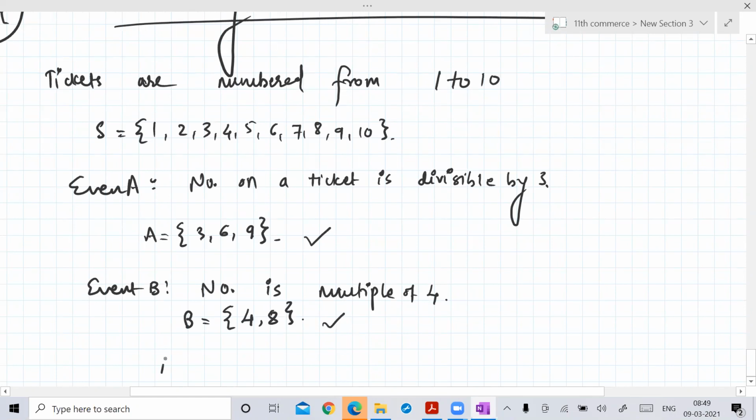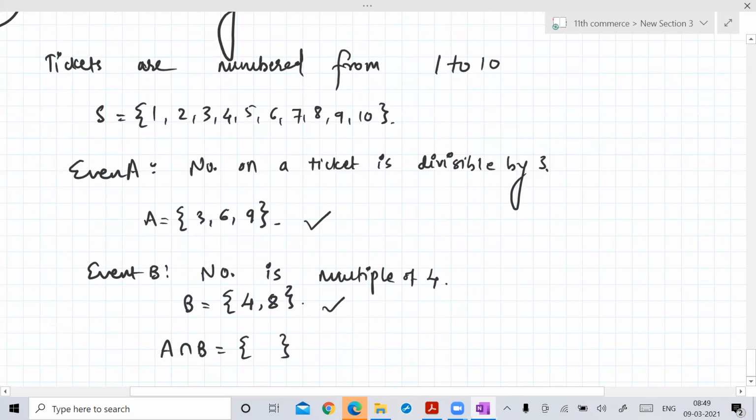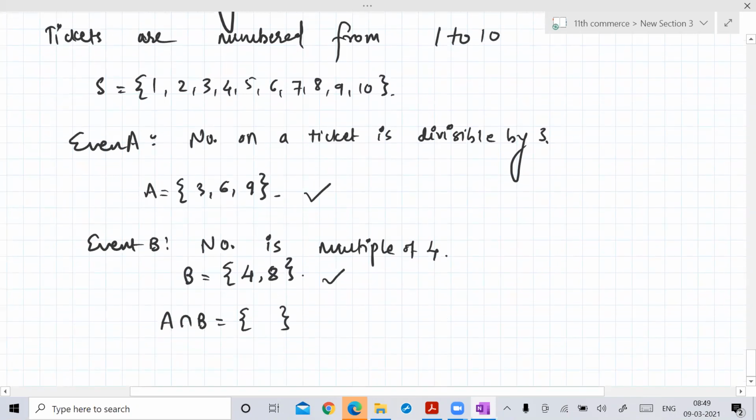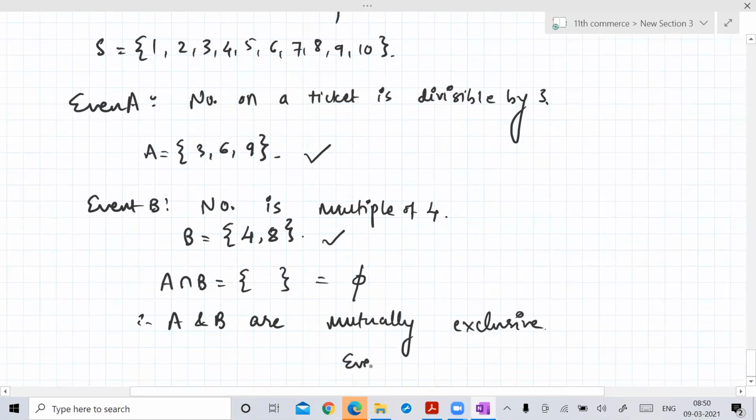No. So A intersection B will be what? Empty set. So such events are called mutually exclusive events, which is fine. Therefore, A and B are mutually exclusive events.